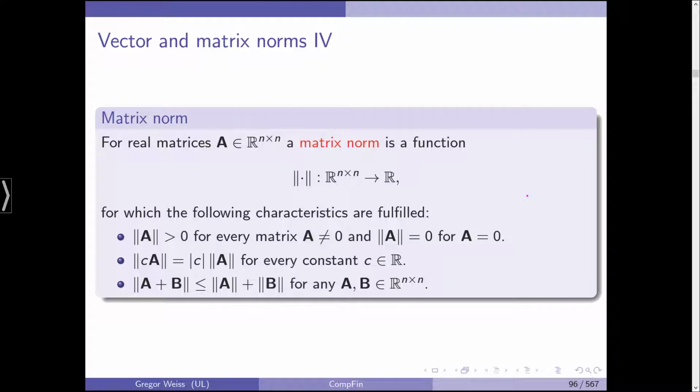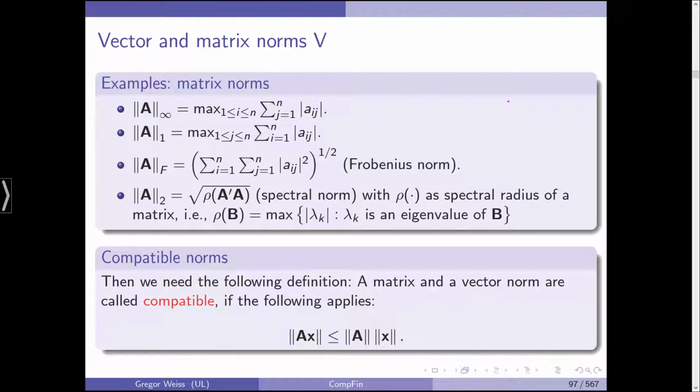The matrix norm of A is larger than 0 for every non-zero matrix. If you again scale it with a real constant, then the norm is just scaled up. And another triangular inequation: the norm of A plus B has to be smaller or equal than the norm of A plus the norm of B for any two matrices that we are looking at.